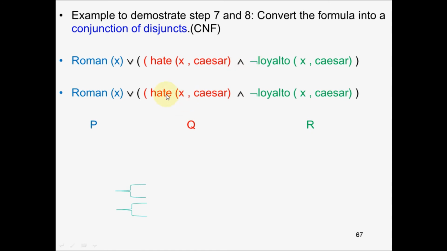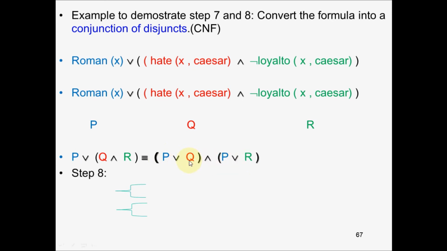I treat this particular term as P. This whole term in the red color, I just call it Q, and this green color term, I just call it R. So now the expression above is exactly like this: P or Q and R. Looking at this, it is obvious that I can use the distributive law, that is P or Q and P or R. When I use the distributive law, I get a CNF or clausal form.